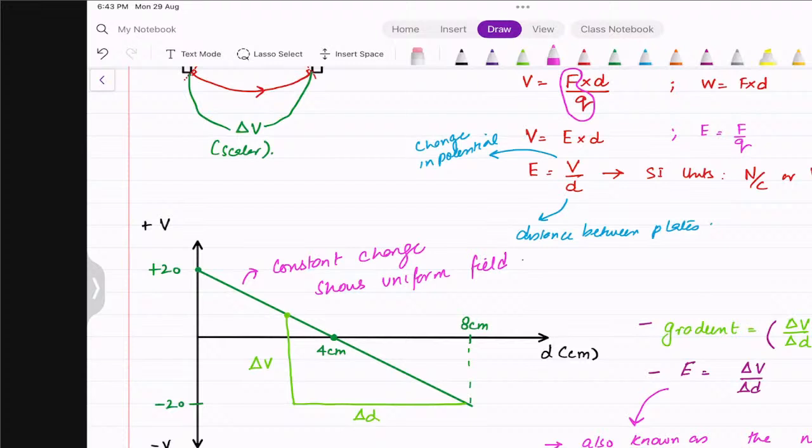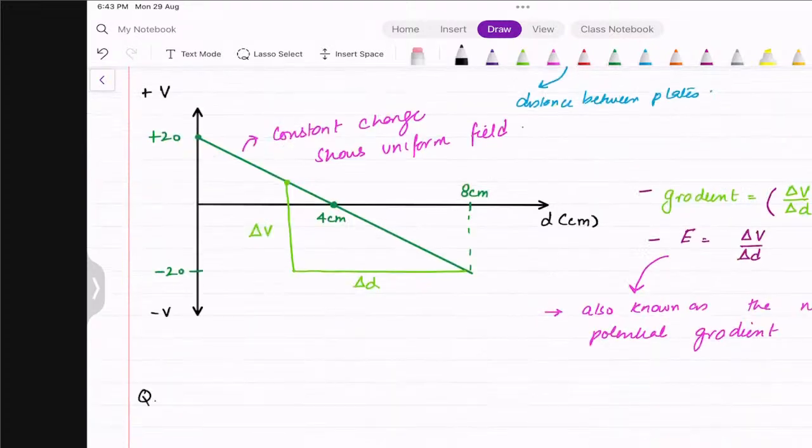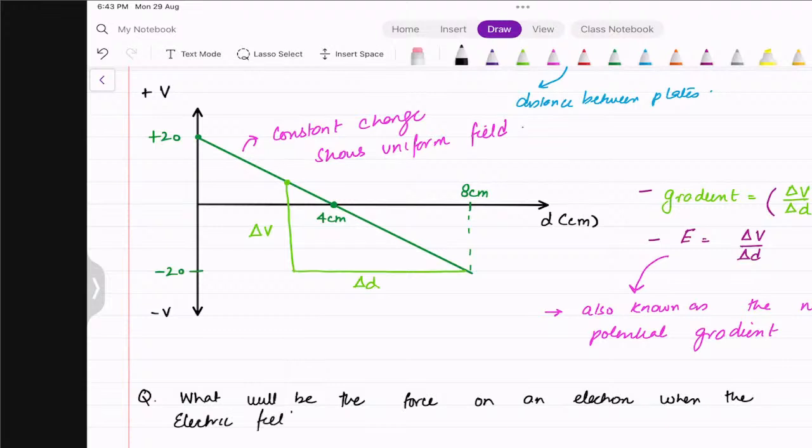Basically the question says, what will be the force on an electron when the electric field strength is 4.5 times 10 raised to power 5 volts per meter. Okay, so this is the first part.